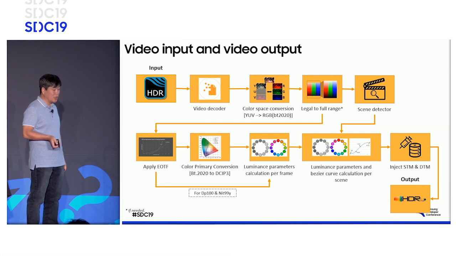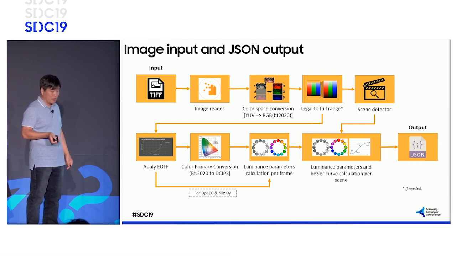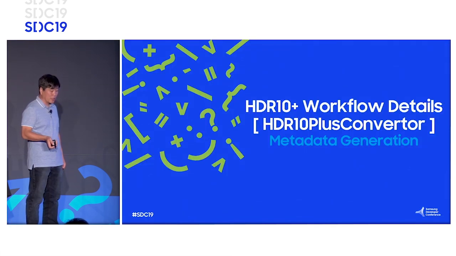If the input is different, you need to add an extra operation to inject the generated metadata into the stream. That's another step. And if the input is an image, it definitely generates the output in JSON format.